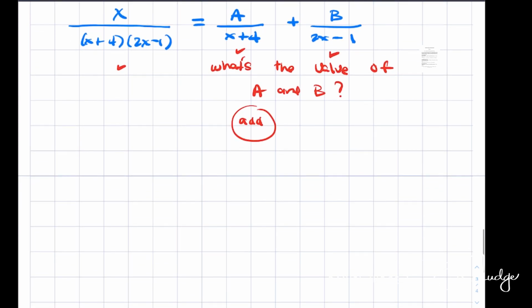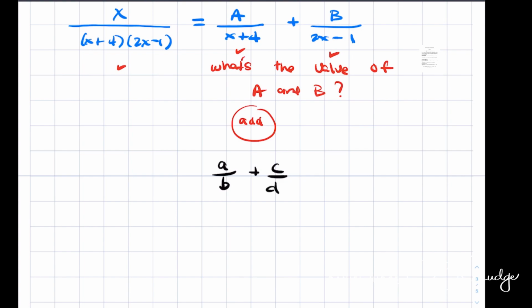And when you add fractions, let's recall, yes, they have different denominators. They're unlike, you follow the process for adding unlike fractions. But you do have a shortcut. If you guys remember the shortcut for adding fractions, and in some cases this is very valuable. This is one of the cases.